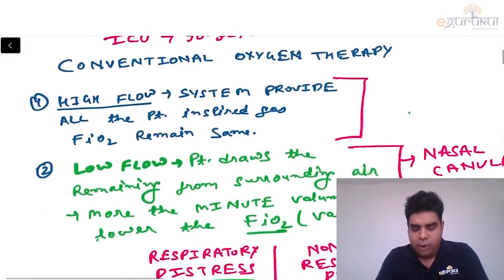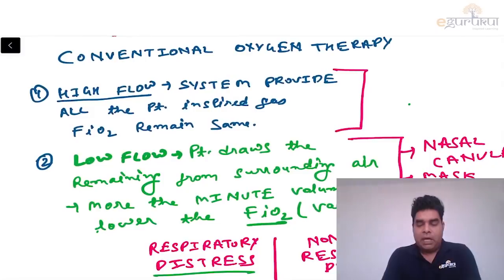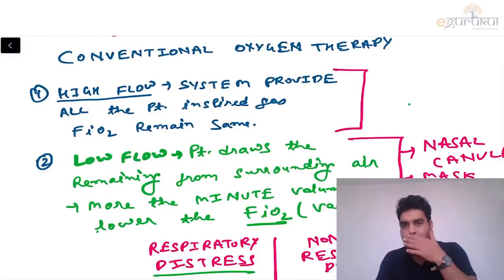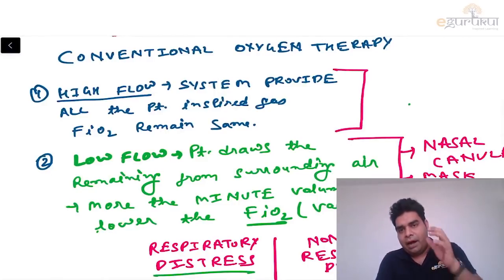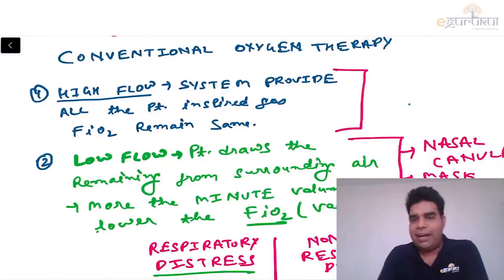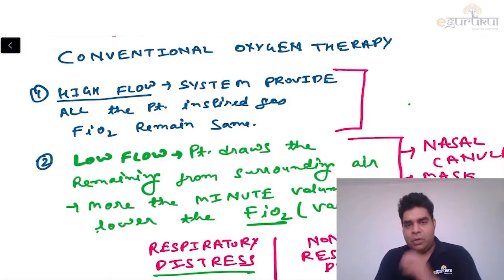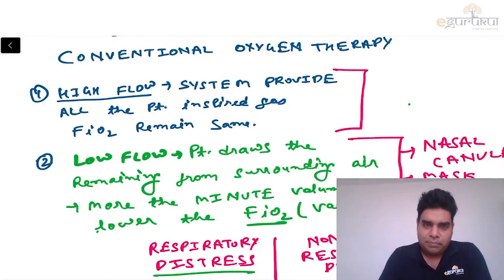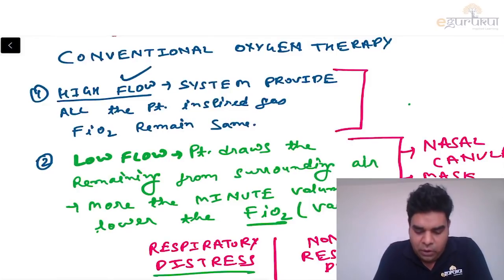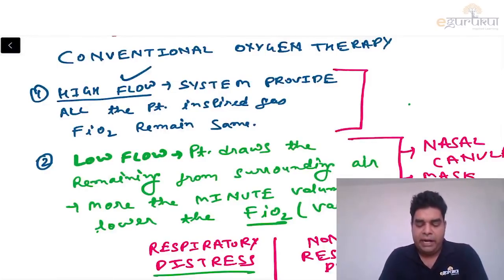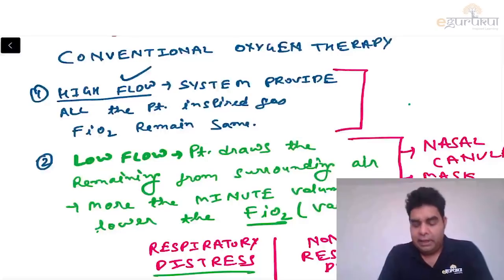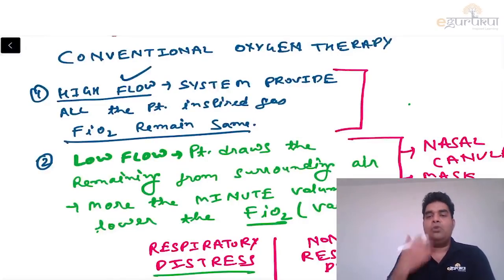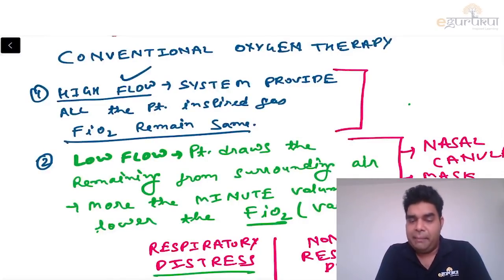Now, when we talk about oxygen therapy, there are different types of oxygen delivery devices, and under that there can be conventional oxygen therapy. In conventional oxygen therapy, there is high flow oxygen therapy, in which the system provides all the patient's inspired gas, and all the inspired gas comes through the system, and therefore the amount of oxygen in the inspired air remains the same.